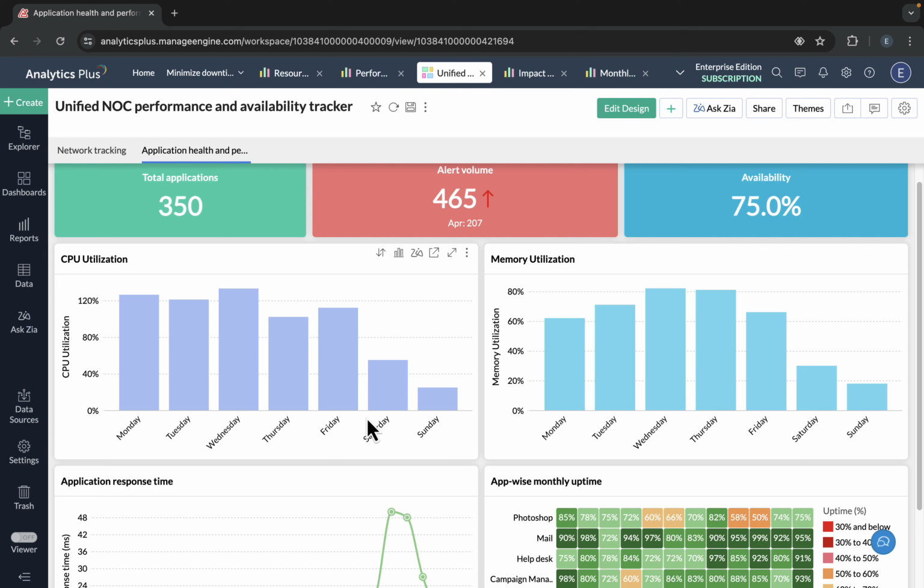Armed with this insight, NOC leaders can proactively plan resource utilization, procure additional capacity, or reallocate their applications' workloads from resources approaching their capacity limits. This helps prevent overloads that degrade application performance and results in outages or downtimes in the long run.